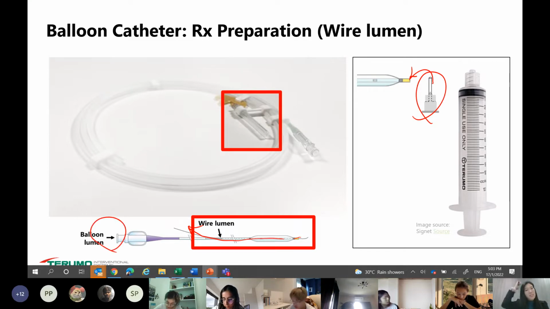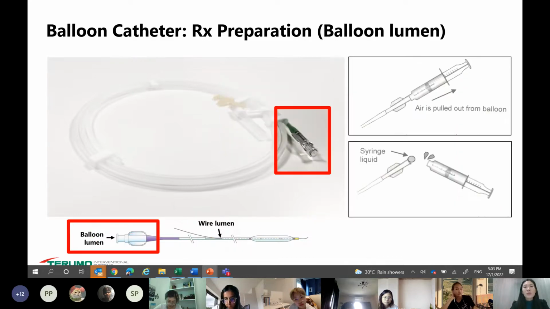Within here, this is not primed, because the balloon lumen is not exposed to the air. The balloon lumen basically helps to expand the balloon to its size. They also remove air here, but the purpose is not to prevent air bubbles from entering the vessel.